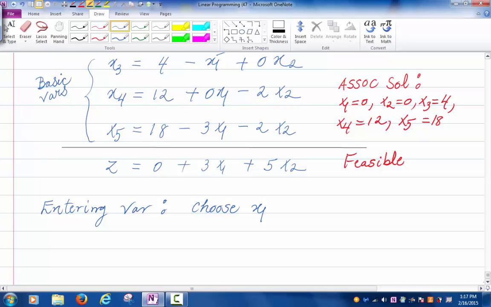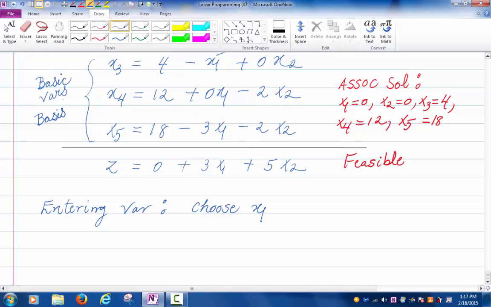Then I have to choose a leaving variable. What is the meaning of entering? When I say entering, entering what? Entering the basis, right? So what is the basis? The basis is the collection of basic variables. Going from one dictionary to another simply means that the basis is going to change. How?